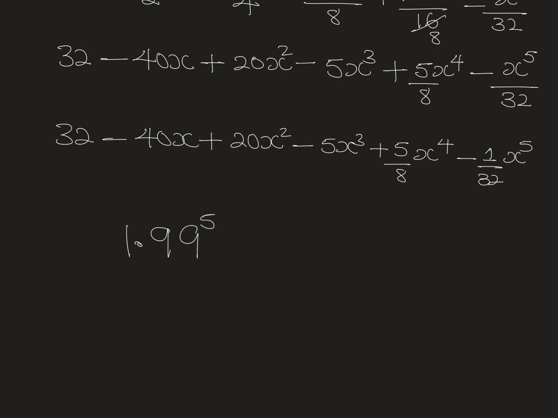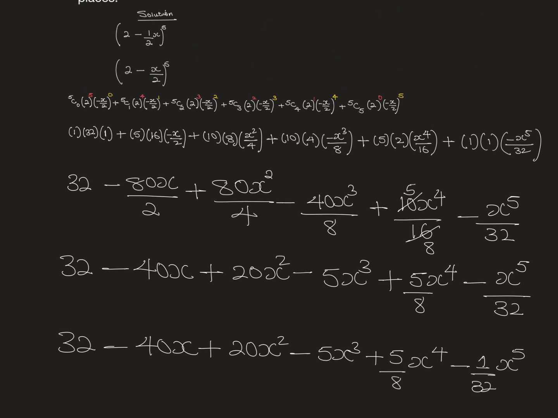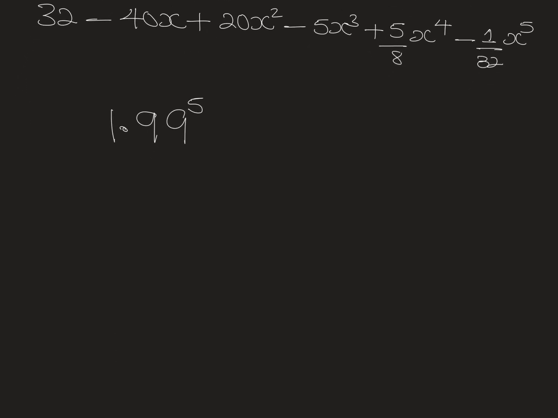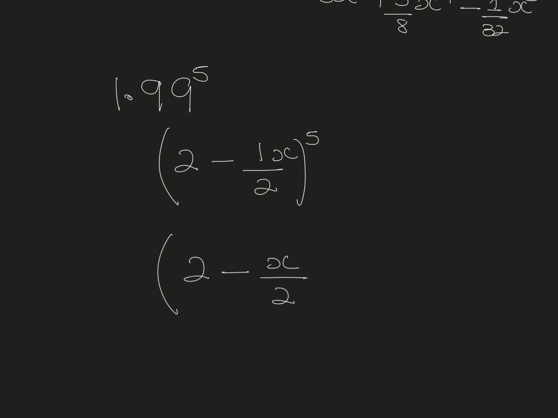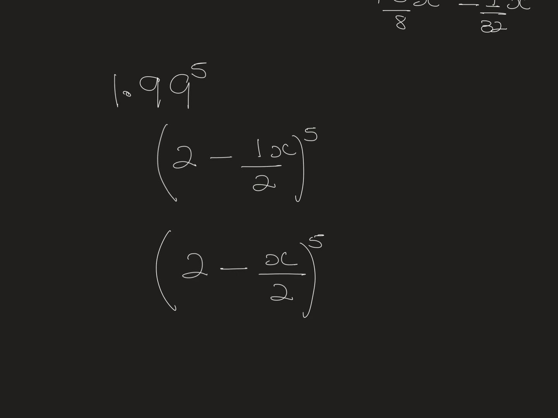The first thing you have to do is to bring the binomial expansion that you have in the question first. That is 2 minus 1 over 2x to the power 5. Okay, so that is the given binomial that we have, which we said is the same as 2 minus x over 2 to the power 5.